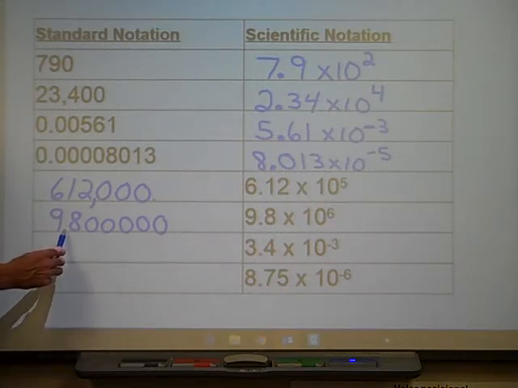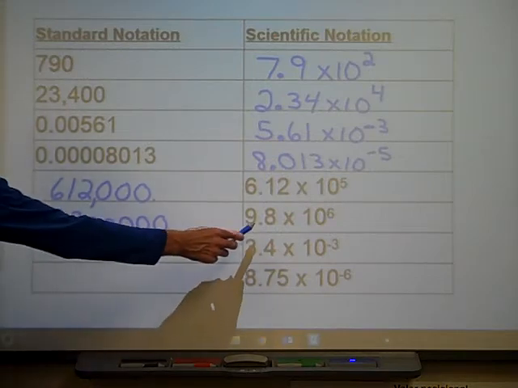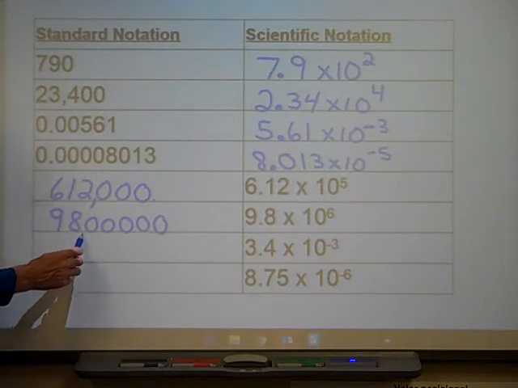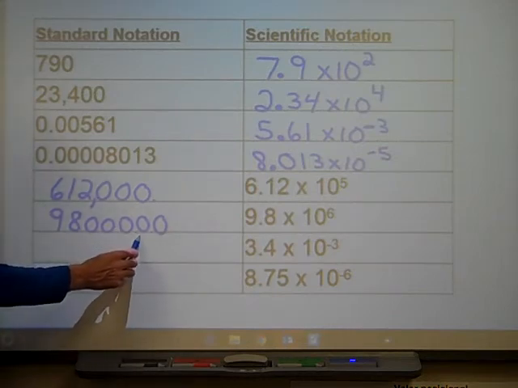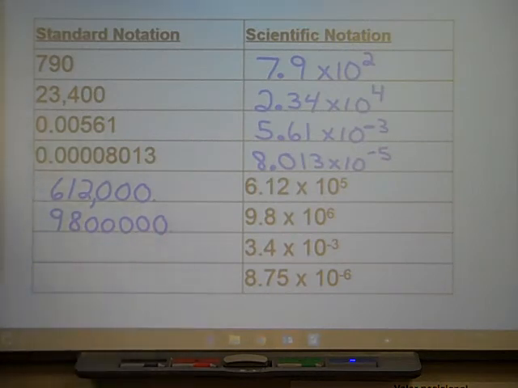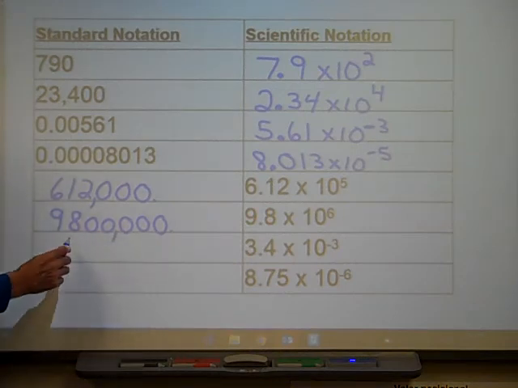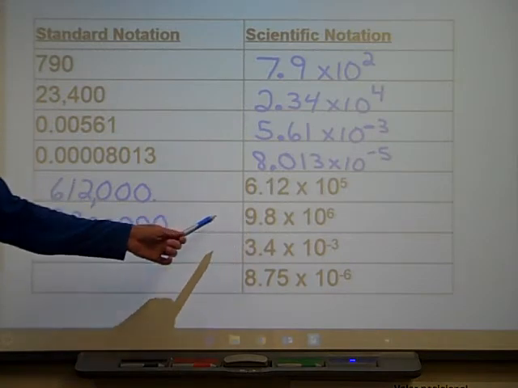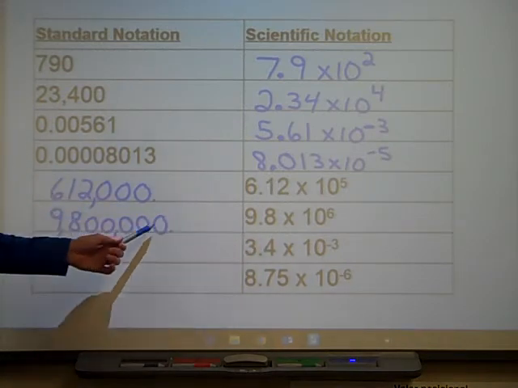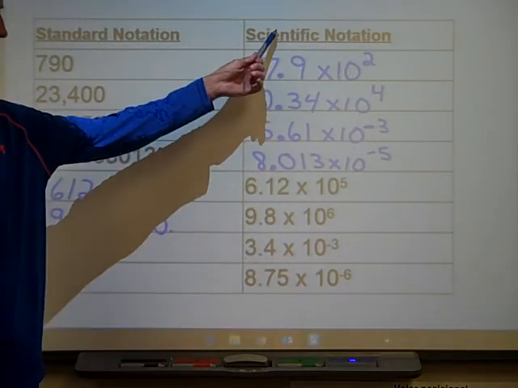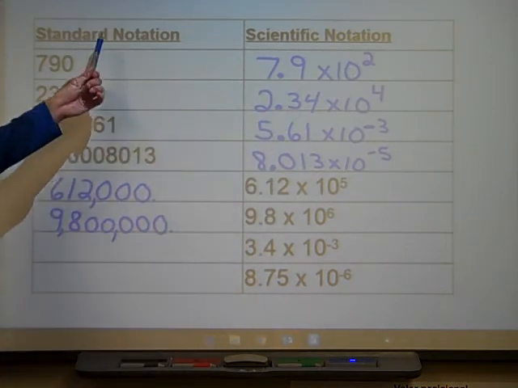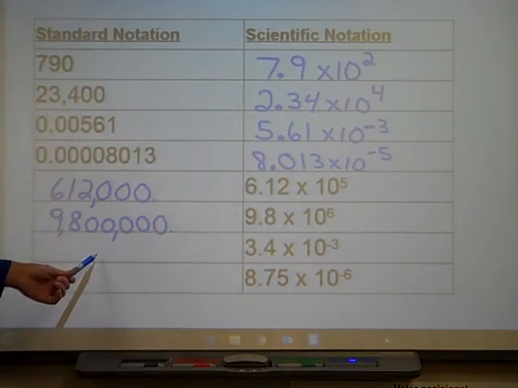And I count again just to make sure it was here. 1, 2, 3, 4, 5, 6. I can put it at the end if I want, and put in commas to make it easier to read. And again, these two numbers are the same. They have the same value, written in scientific notation, written in standard notation.